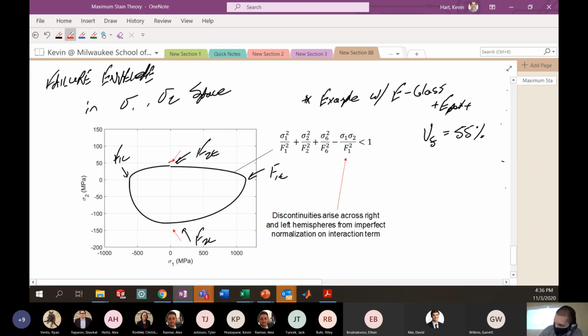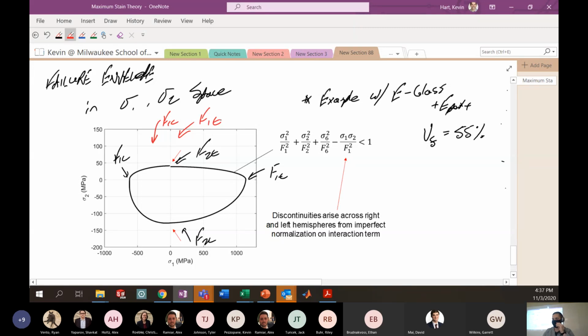And we see these jump discontinuities which exist. I've highlighted them a little bit here, on the left and the right hand sides of these two different graphs. That's because as you cross over from the left-hand side of the figure to the right-hand side, you're changing what values of F1 you're using. Over here, your equation uses F1C. And on this right hemisphere, your equation uses F1T.